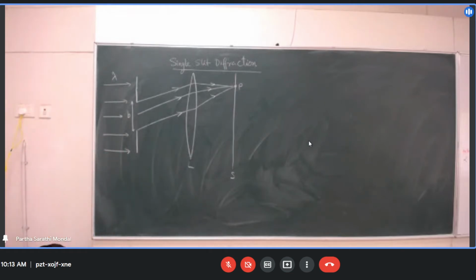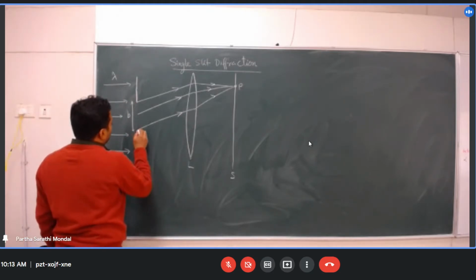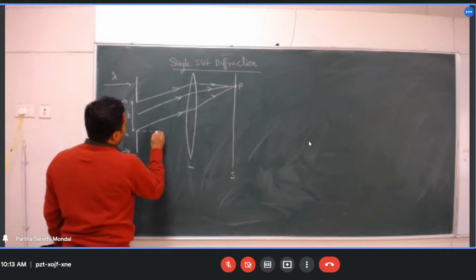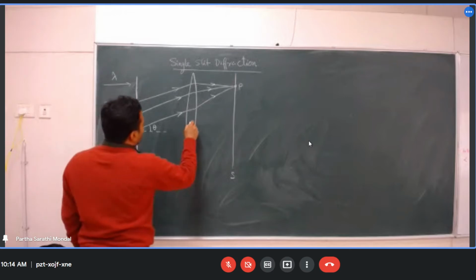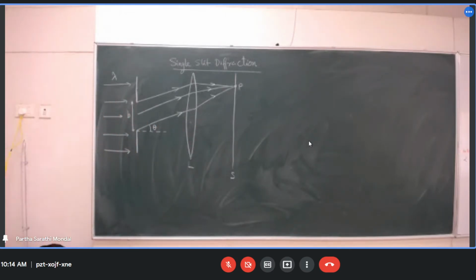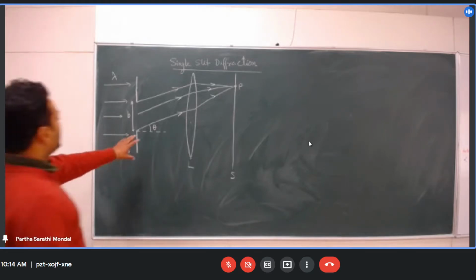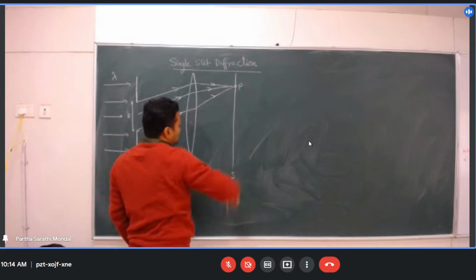Mathematically, how can we decide that this is the particular point? It is characterized by the angle theta with the perpendicular of the slit, or you can say with the optical axis. So basically, if we change theta, we can move throughout the screen.